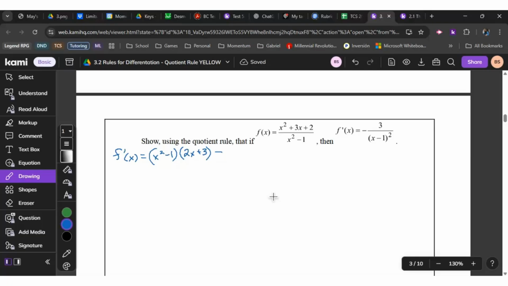Minus high, x squared plus 3x plus 2, d low, 2x, all over low squared. All right, the bottom's ready. Top, not so much. Need to make that top look like -3. Let's see if we can do it.